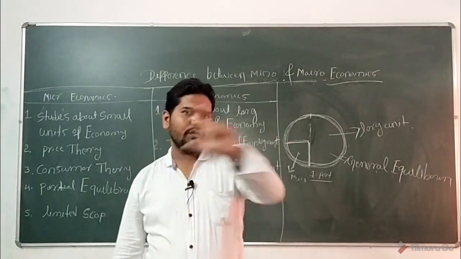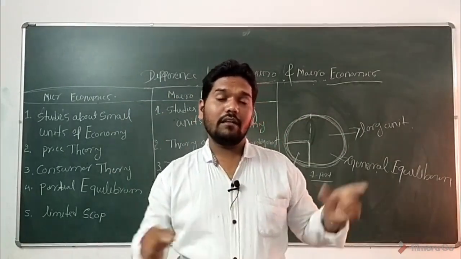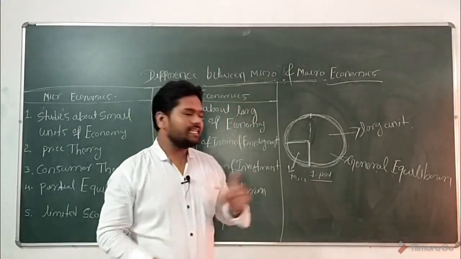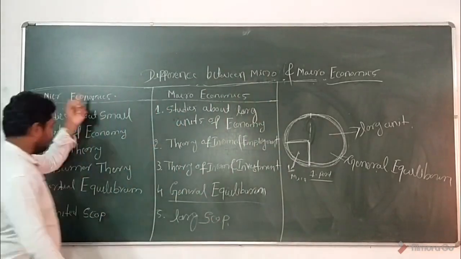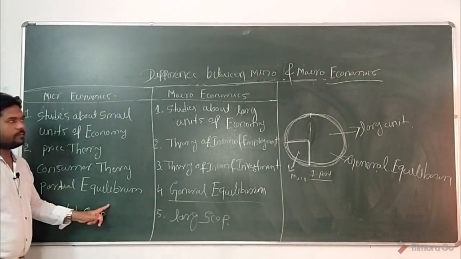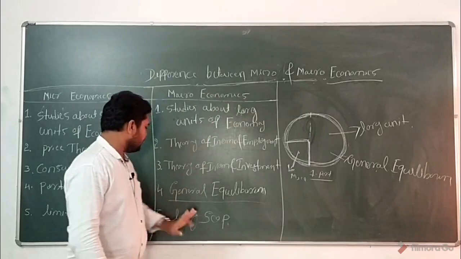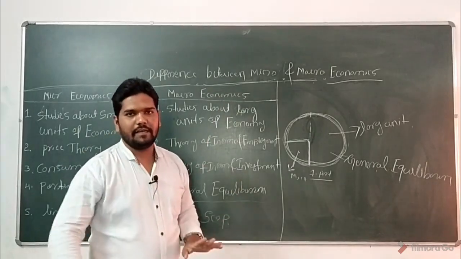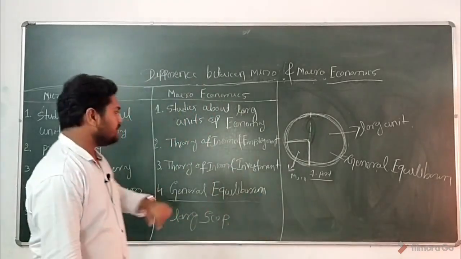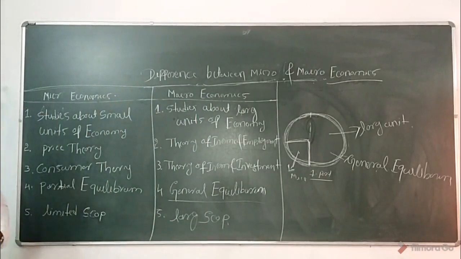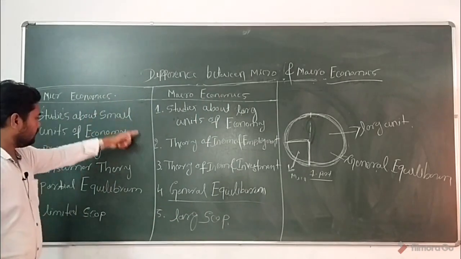General means universal, overall, common equilibrium. That's why microeconomics is partial equilibrium and macroeconomics is general equilibrium.